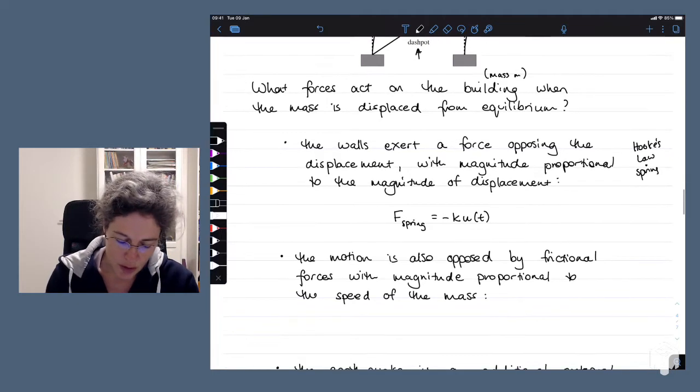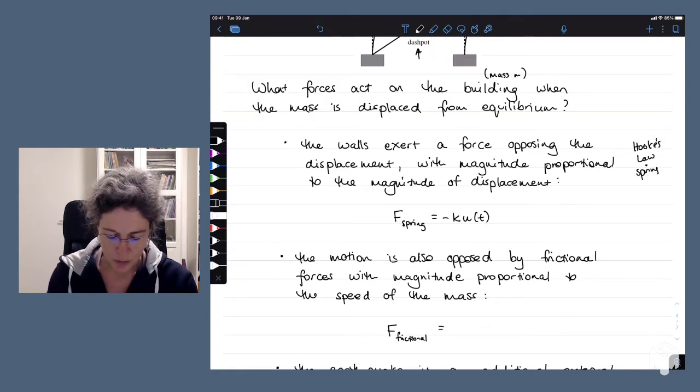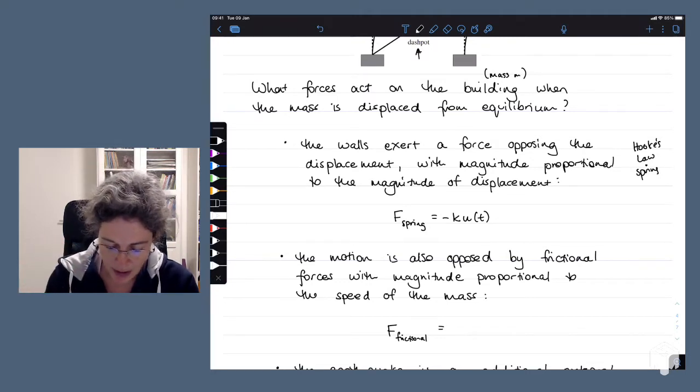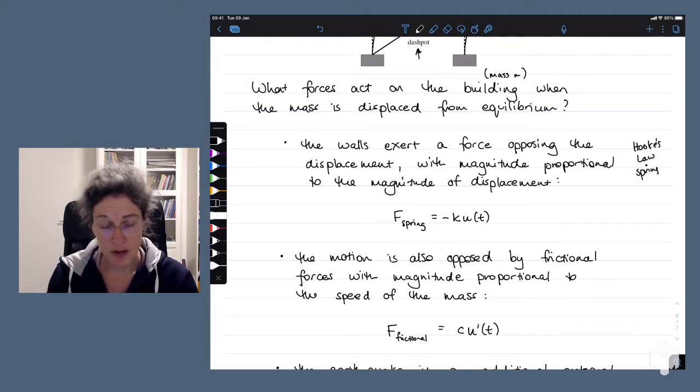So we've got frictional forces, which are proportional to the speed, because remember friction is proportional to speed, so we've got proportional to the first derivative of our displacement, and again we need a constant of proportionality, and again they're opposing the movement, so we've got a minus sign over here.